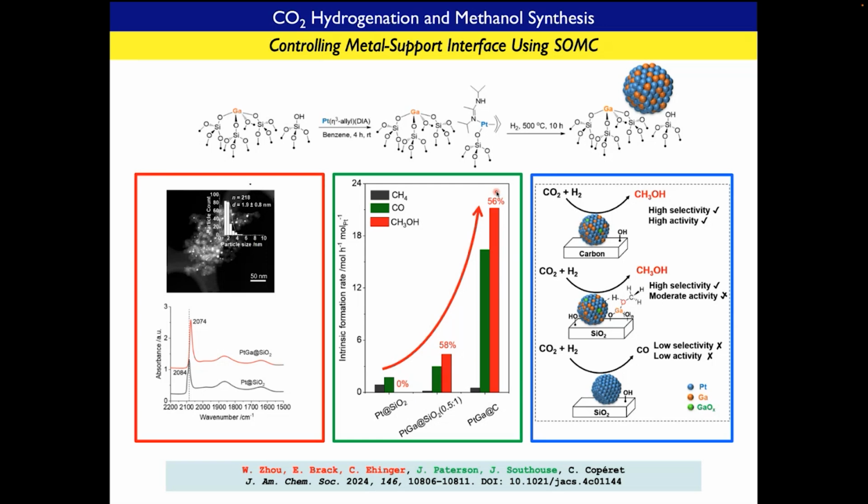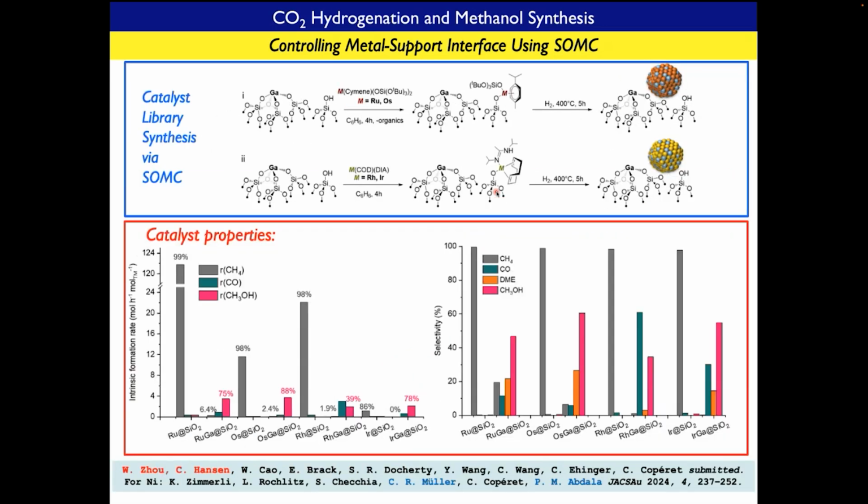And in fact, moving forward, we decided to screen all the precious elements, and we could show that all the typical catalysts known for methanation, like ruthenium, osmium, rhodium, iridium, which are very well known to promote methanation under CO2 hydrogenation, as soon as you put gallium, they all become selective methanol synthesis catalysts.